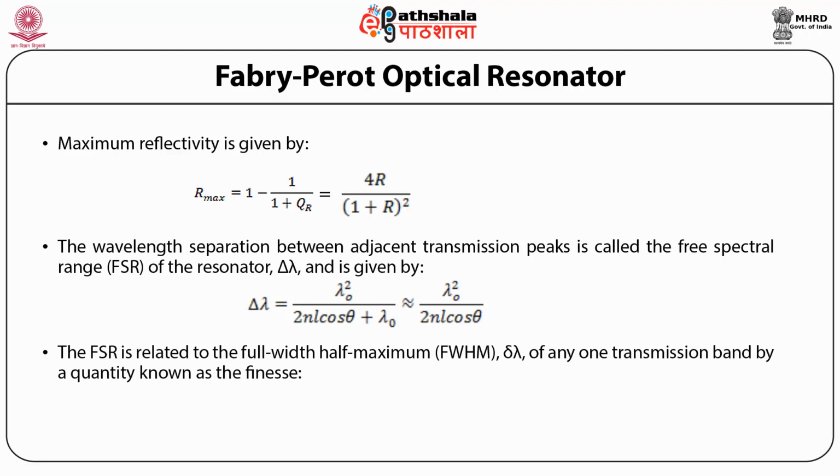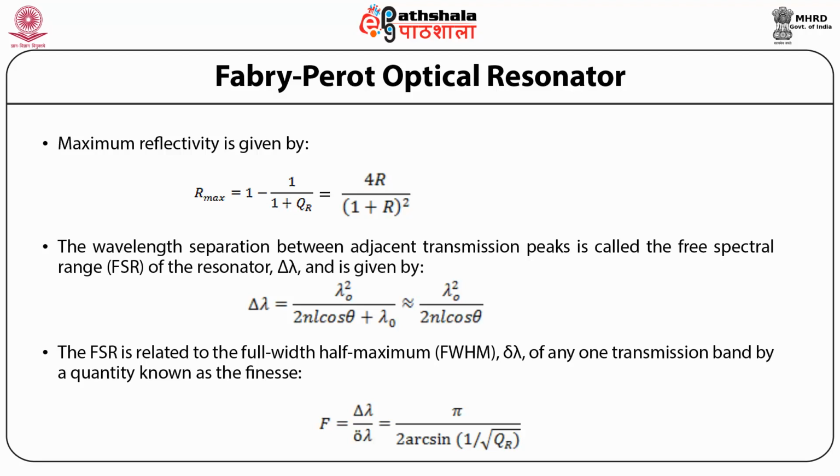The FSR is related to the full width at half maximum, delta lambda, of any one transmission band by a quantity known as the fineness. The fineness of the cavity is very important, and it is defined as delta lambda upon the full width delta lambda.